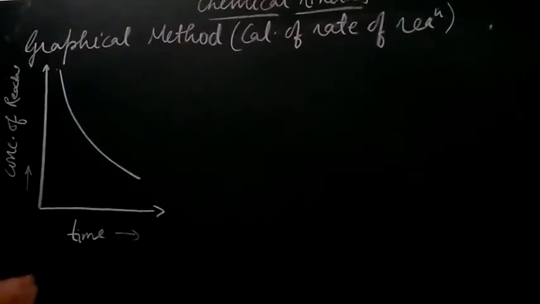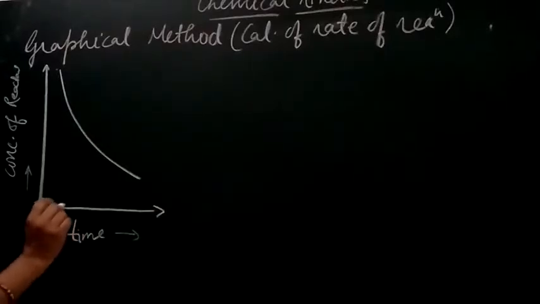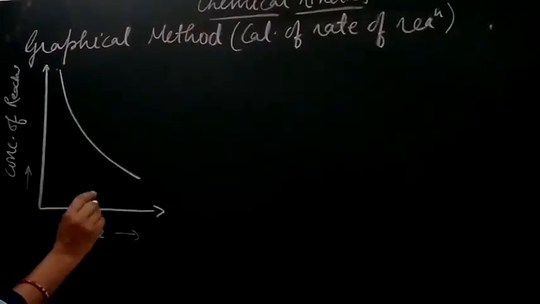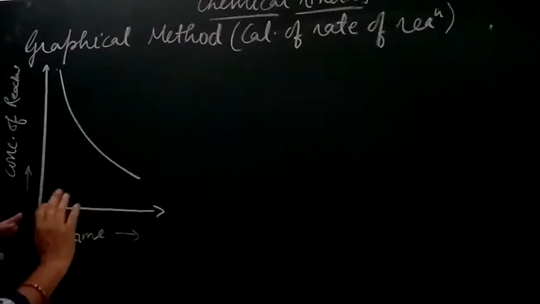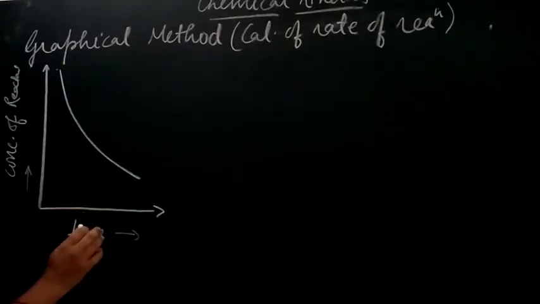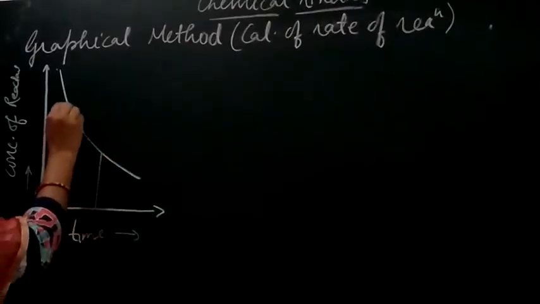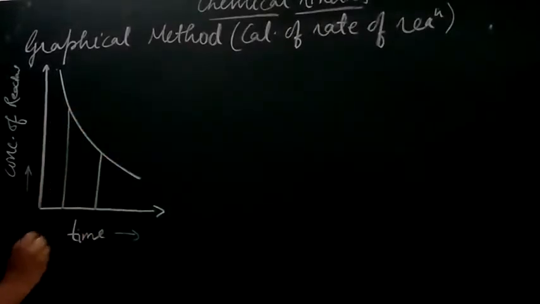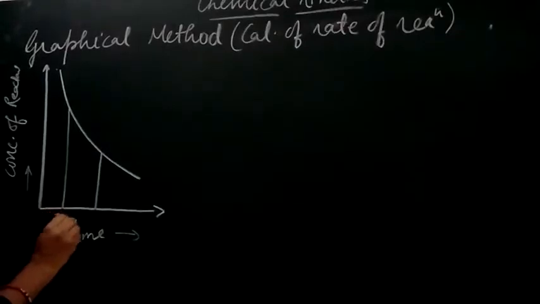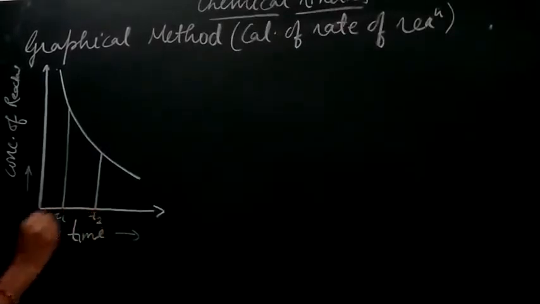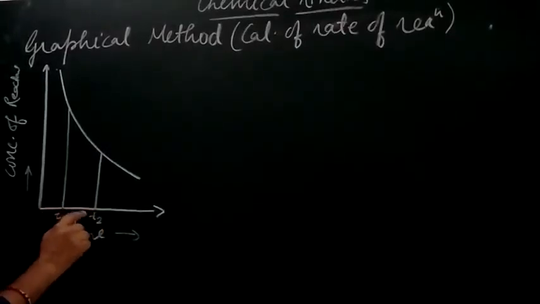Now we have to find out the average rate. We will get two time limits, or a time interval, with which we are going to find out the average rate. So let it be this: this is t1 and this is t2. This is the time interval.